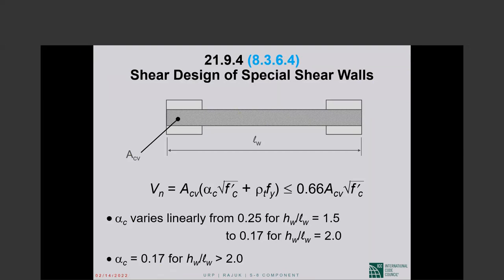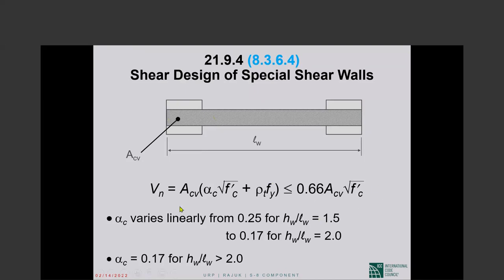If the applied load is very high, it will be transferred to the foundation through compression struts that form within the shear wall. And those compression struts will fail in compression at a shear of about 8 square root of f sub c prime. And that number cannot be improved by providing horizontal shear reinforcement because it's compression crushing. This is why we have an upper limit.